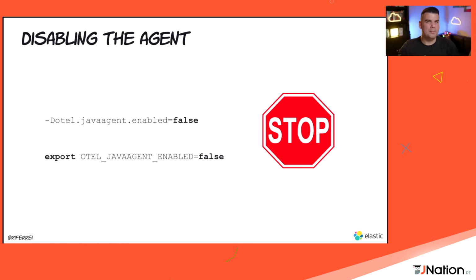Conceptually it can be mutable, but it's supposed to be immutable if you follow best practice. But sometimes what you can do is disable the agent using this flag over here. This flag allows you to completely disable both the automatic and manual instrumentation from your application. So you can see, okay, let me see how my application behaves or performs without OpenTelemetry.